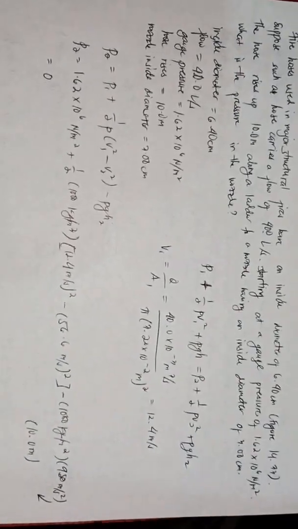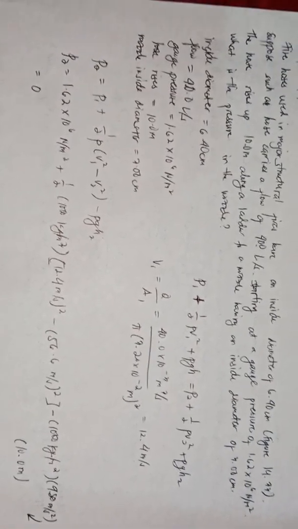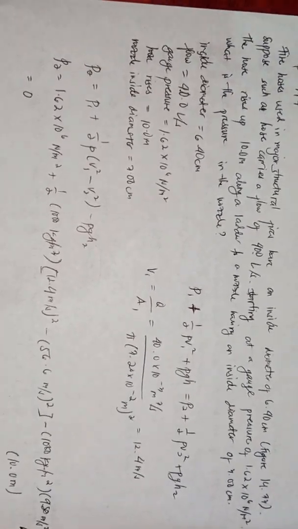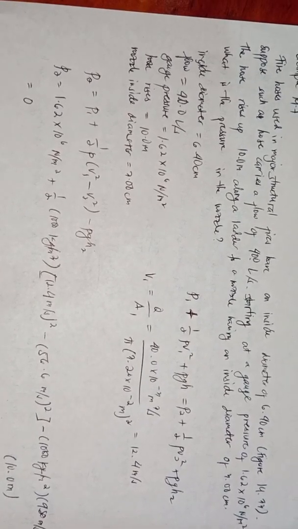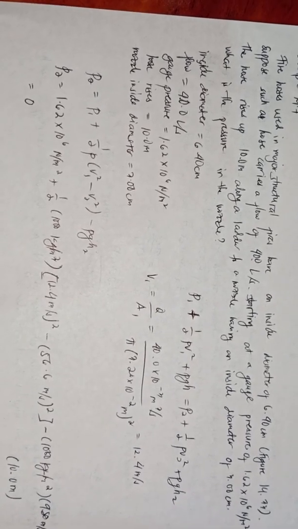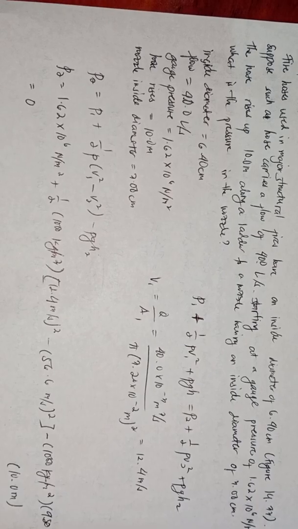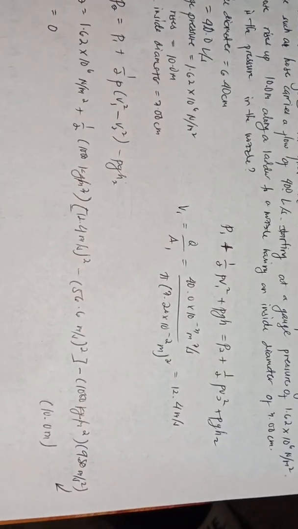So solution: P sub 1 plus 1 half density V squared sub 1 plus density gravity times height sub 1 is equal to P sub 2 plus 1 half density times velocity squared sub 2 plus density times gravity times height sub 2.